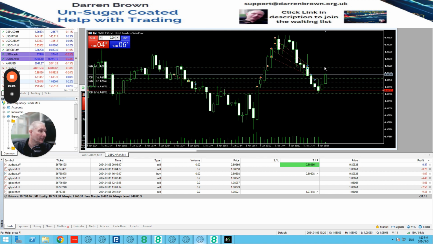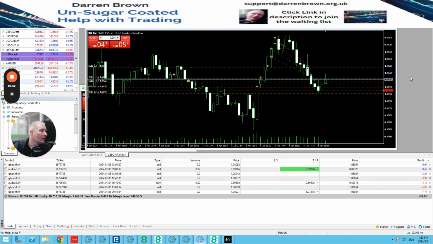Okay, this is the bit I was telling you about, where it's pumping. Again, if it hits this area here, then I'm going to take another sell trade. The reason why is because it's broken this support.